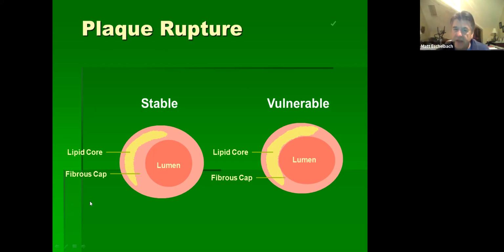You can see that the lipid core on the right has a very thin structure, and this fibrous cap is very vulnerable. Whereas this is a high cholesterol, but the fibrous cap is very thick. So as the platelets and blood go through this lumen, the chances of this rupturing are much greater than the one on the left.